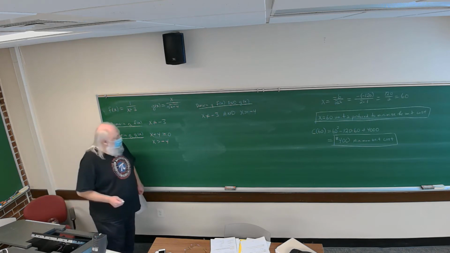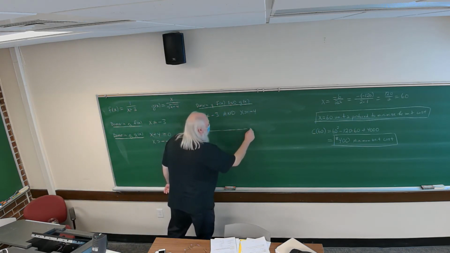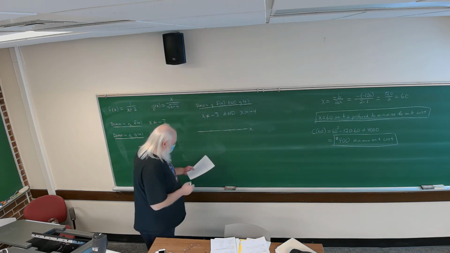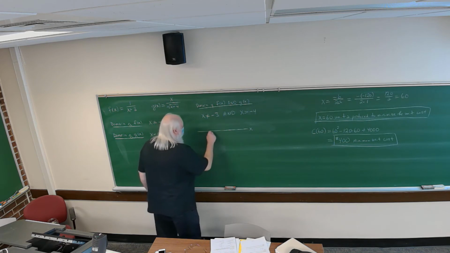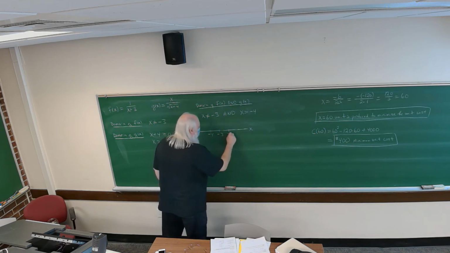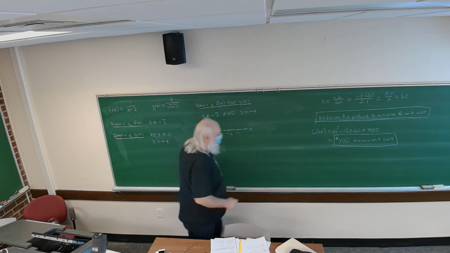Okay? So if we draw a real number line for the variable x, and we label -4, -3, -2, -1, and so forth.